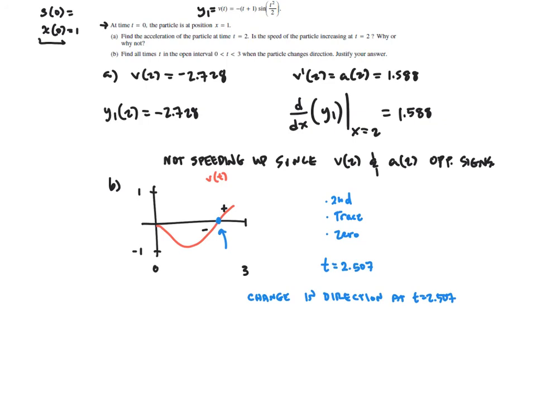And the reason we know that, other than based on the graph, is that v at 2.507 is equal to 0, and v of t changes sign. All right, there you have it. I think we've got one more example. Let's go to the next slide.